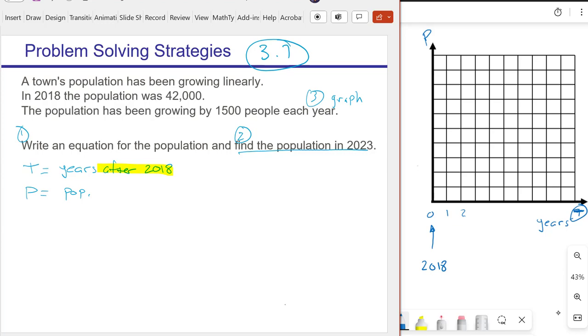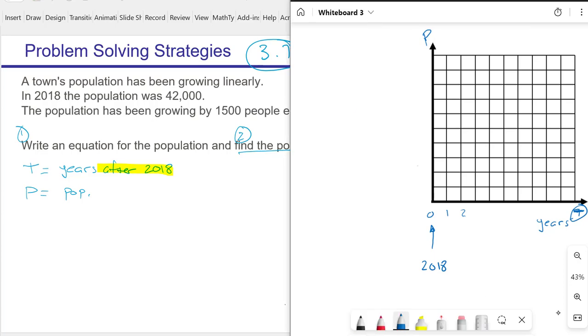So if we think about t as years after, and then we go t equals 1, well, what does that mean? 1 year after 2018. Well, that's 2019. What does t equal 2 mean? T is 2, that's 2 years after 2018.